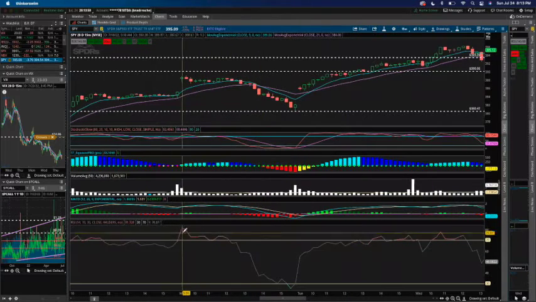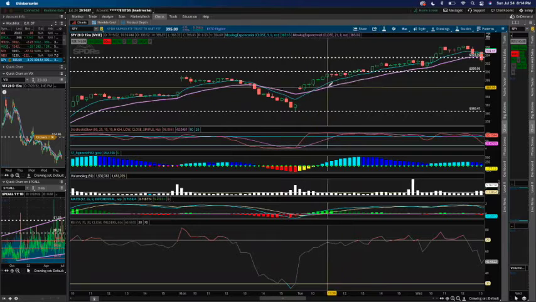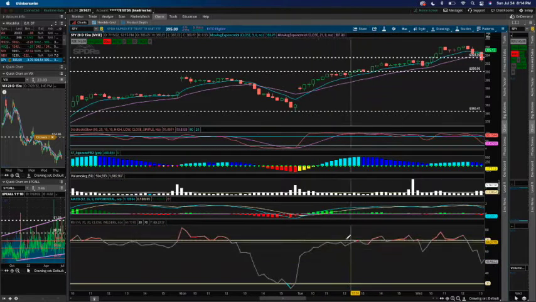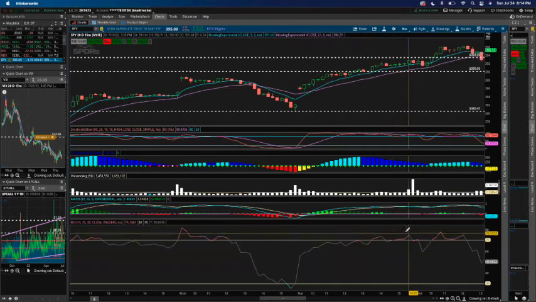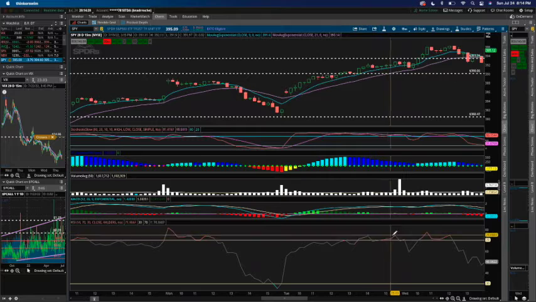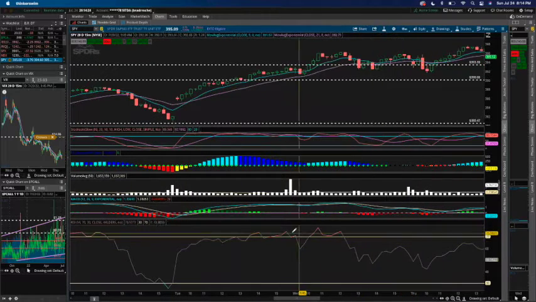For example, it shows when stocks are in oversold or overbought conditions, meaning the price is moving up, it's getting too hot at that point, the price is too high. This indicator basically tells you, okay, too many buyers have stepped in. It's got to start cooling off at some point because price has moved too high too fast.